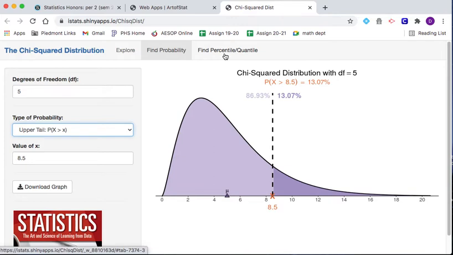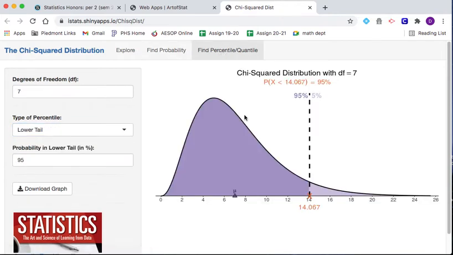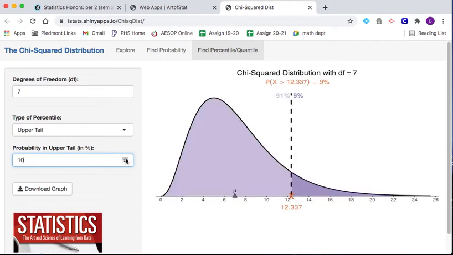I'm not sure what find percentile and quartile is. Let's see. Maybe, oh, I see. If you wanted to, let's try upper tail. If we wanted to set an alpha value, let's say my alpha was 10. So let's take this up to 10.